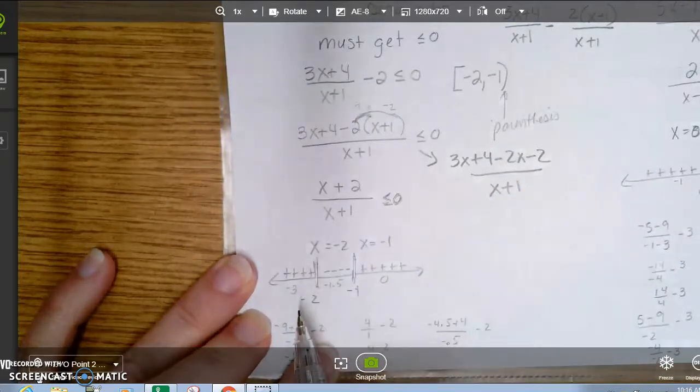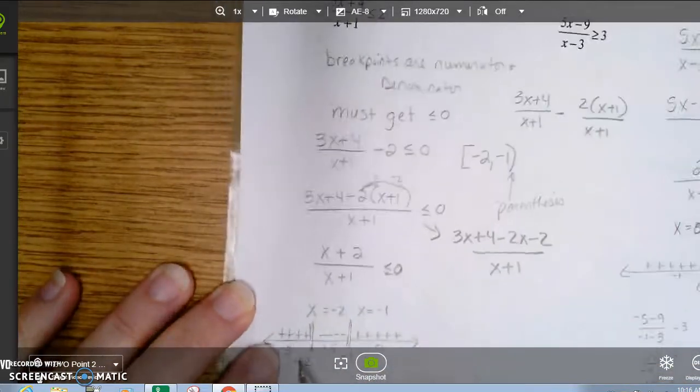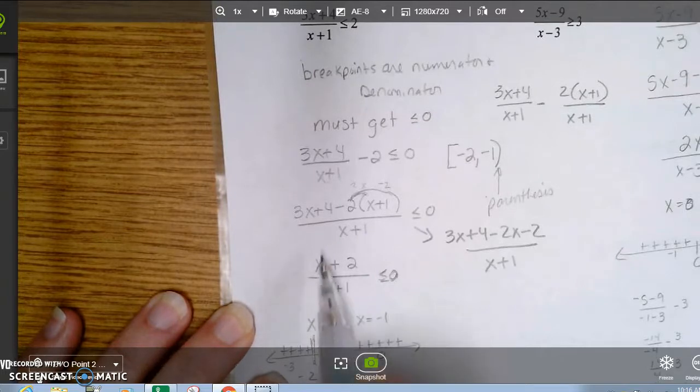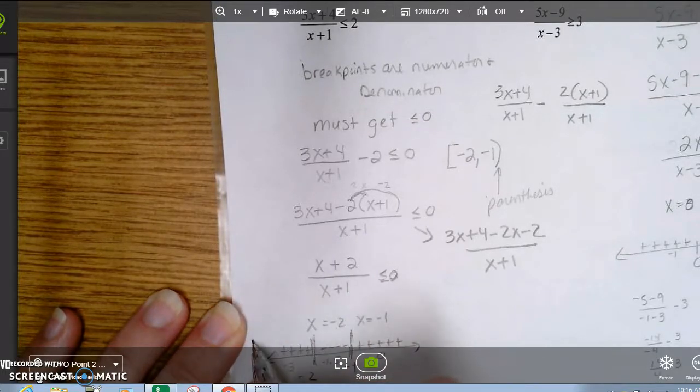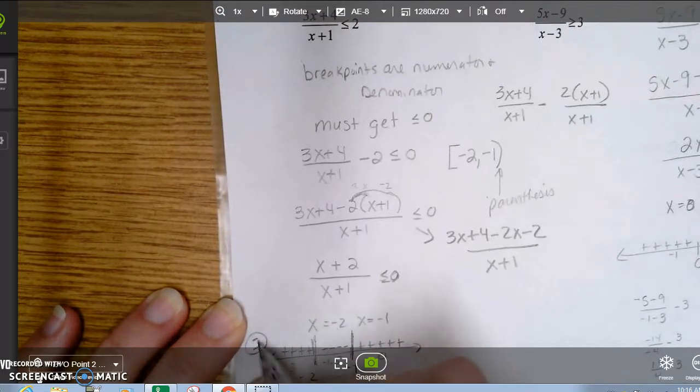And again, I'm going to test to the left of -2 and between and to the right. So when I test it, I'm testing it in this fraction. So -3 plus 2 is negative. -3 plus 1 is negative. And negative divided by negative is positive.